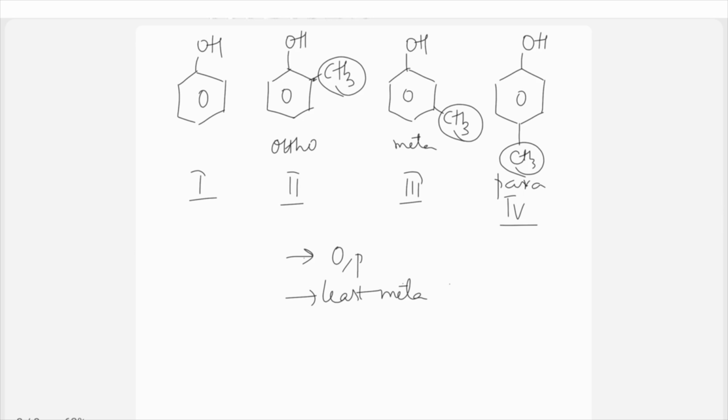So accordingly, the electron releasing group is destabilizing the phenoxide ion, and such effect is less at the meta position, and obviously when there is no group the effect is even less. So 1 is more acidic compared to 3 because at the meta position the electron releasing effect is less. Then comes the para position, then comes the ortho position. So this is the order of acidic nature in the case of phenol with an electron releasing group.